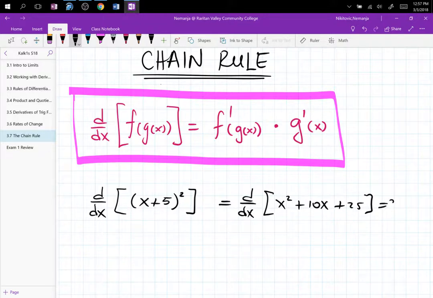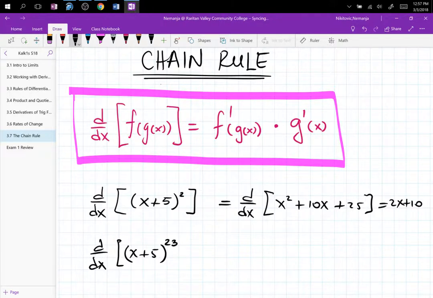And now I can take 2x plus 10 and I'm done, right? But what am I going to do if I have the same x plus 5, but now raised to the 237th exponent? Am I going to FOIL?